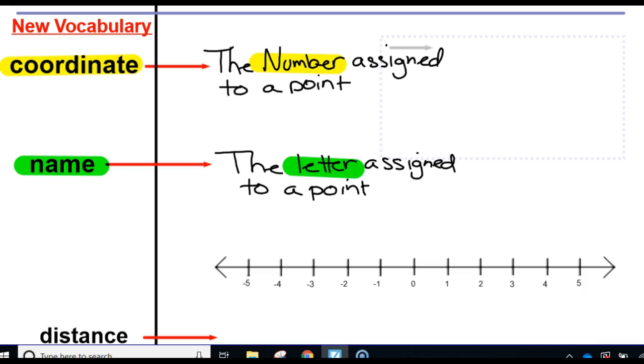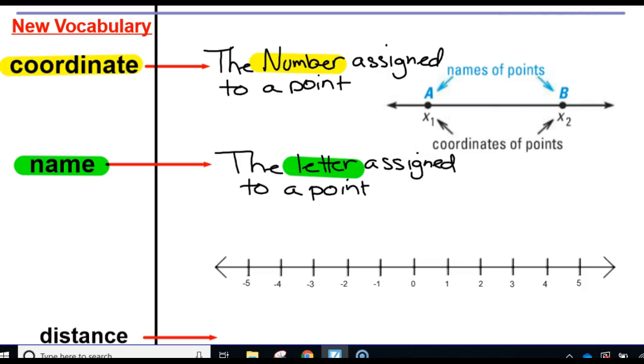I have a diagram here that I want you to look at. I have a line on here. Notice that I have coordinate names, names of these points, A and B. Right here, those are the names of the points. And then we have the coordinates of the points. We have x1 and x2.